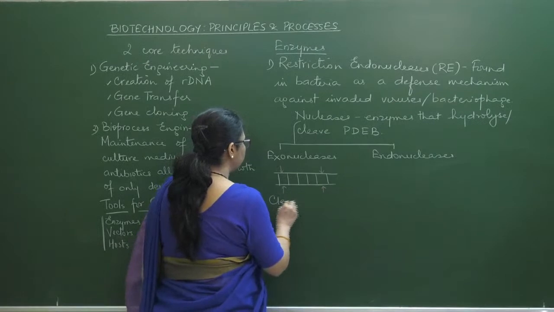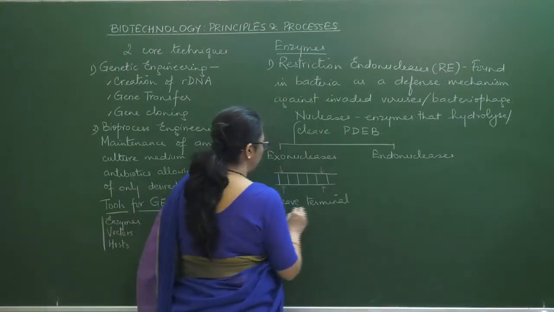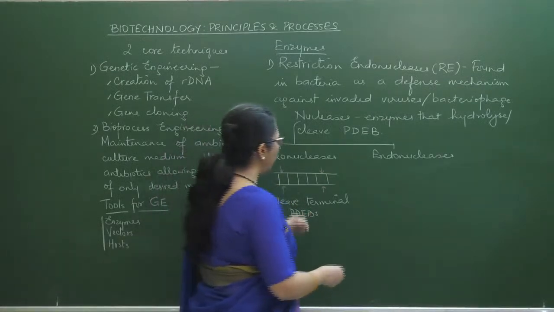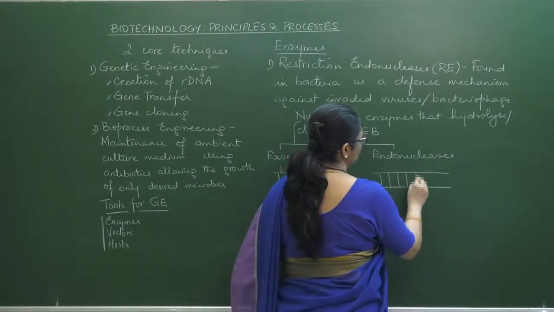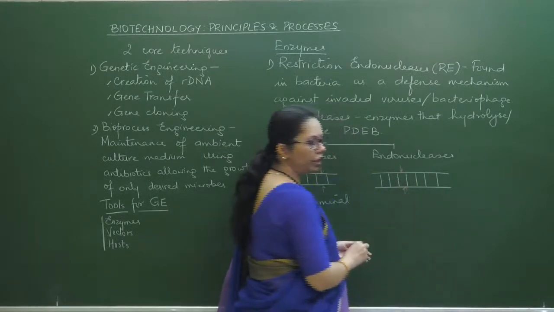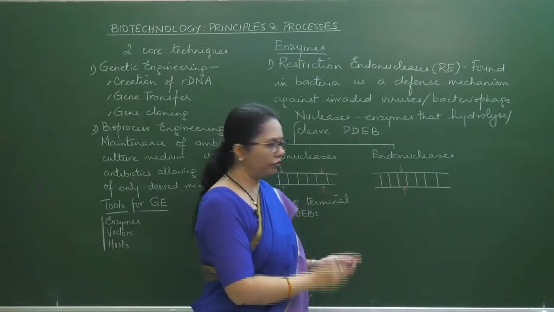So these cleave terminal phosphodiester bonds. Okay, and endonucleases cleave an interior phosphodiester bond. So a long fragment of DNA is cut into smaller fragments.